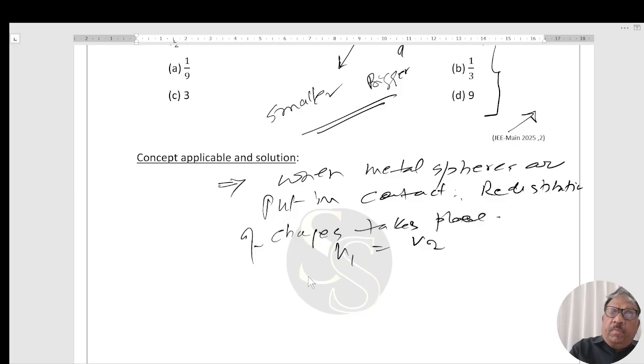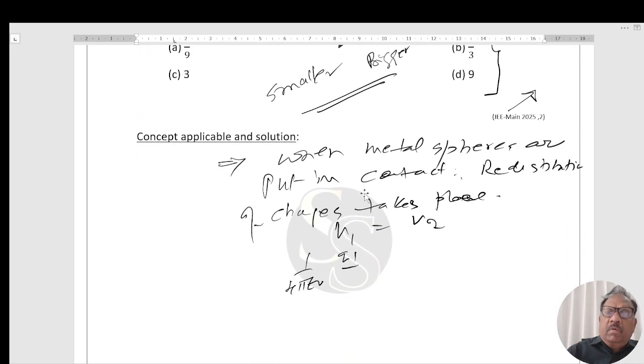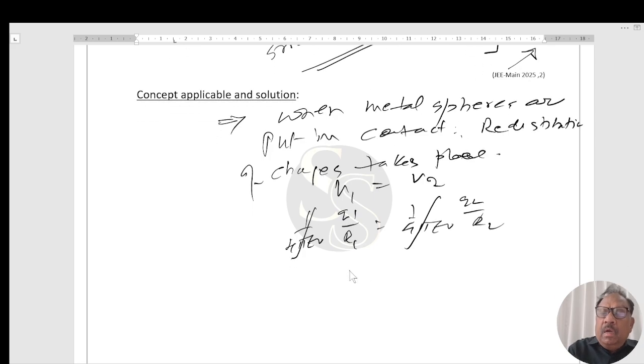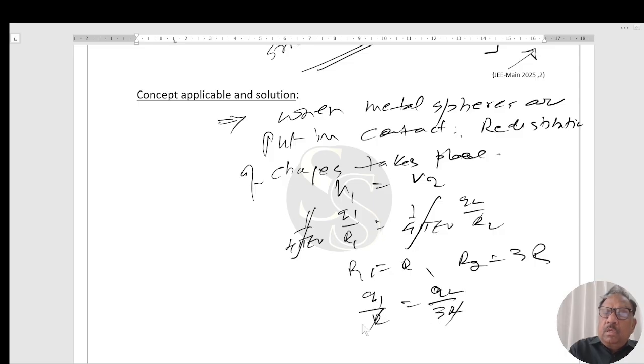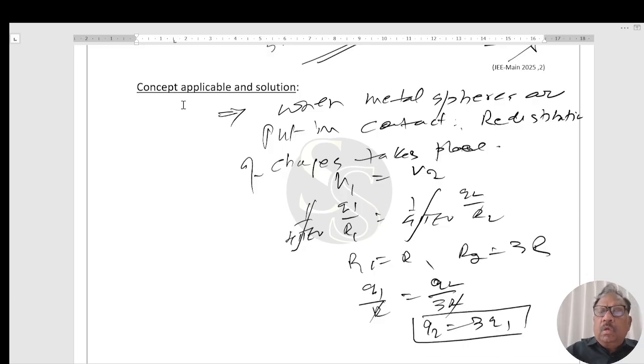Potential is 1 over 4 pi epsilon naught, on the smaller one q1 over r1, and on the bigger one q2 over r2, equal. 4 pi epsilon naught goes, then r1 equals r, r2 equals 3r. So q1 upon r equals q2 upon 3r. This gives q2 equals 3q1.